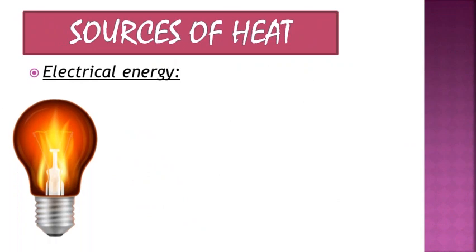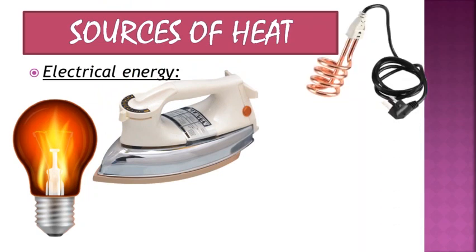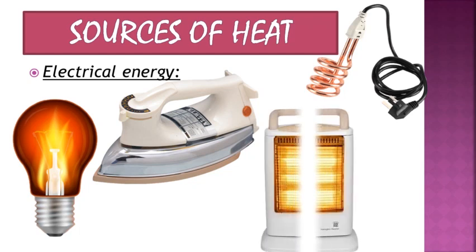In your daily life, you have seen several equipments which produce heat with the help of electricity, for example, electric press, electric heater, etc. And thus electricity is a source of heat. By using electrical energy, heat is produced in these types of equipments.